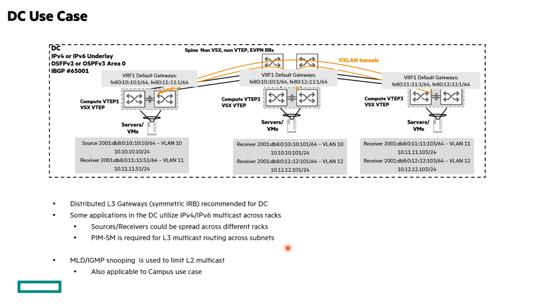Now, a very important thing is MLD and IGMP snooping is required in this setup to limit layer 2 multicast, and this is also the case for the campus use cases that were mentioned earlier.